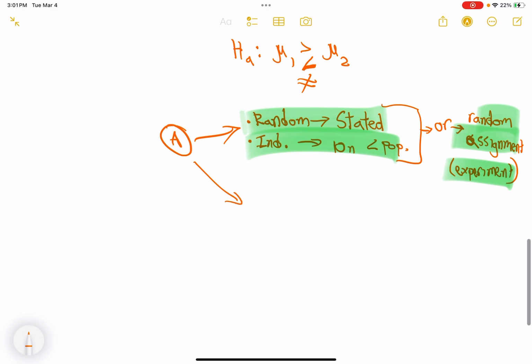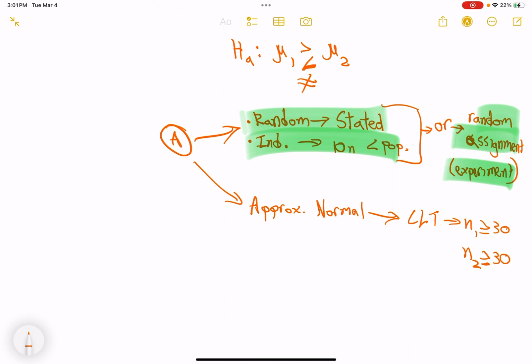Then you must, of course, also check whether it is approximately normal. If it is approximately normal, what do we do? We either use the central limit theorem, which amounts to n1 being greater than or equal to 30 and n2 being greater than or equal to 30. Remember, we normally pool when we do hypothesis tests, but in this class we only pool for hypothesis tests for proportions. There will be no pooling for hypothesis tests for means.